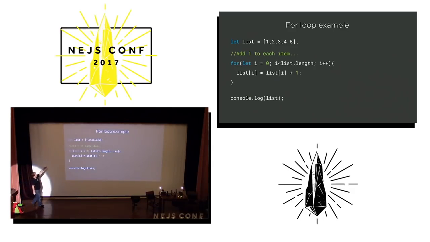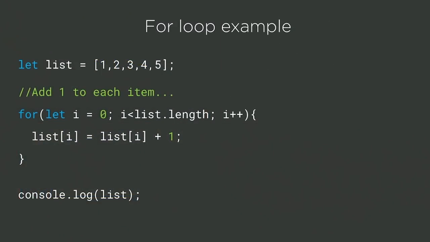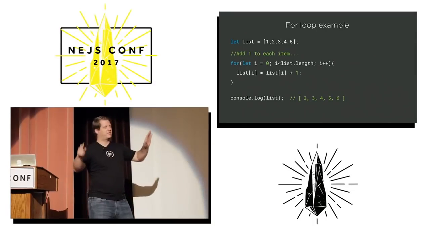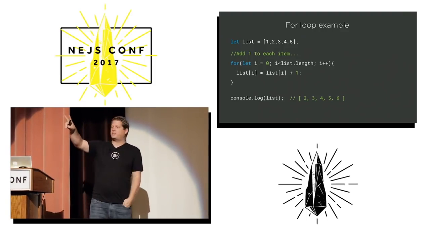Right, so I'm looping over the array. For each item in the list, I'm adding 1 to it, and you can just read the comment if you really want to. And then console.log list, and I have this. This is a very simplified example of things that become very complicated very quickly, but the idea here is you've got 2 things you're trying to pay attention to right here.